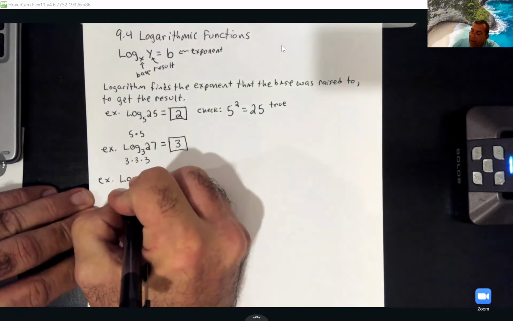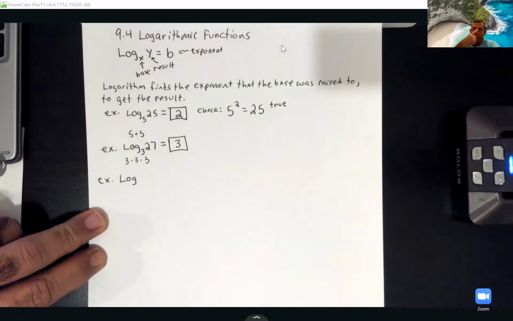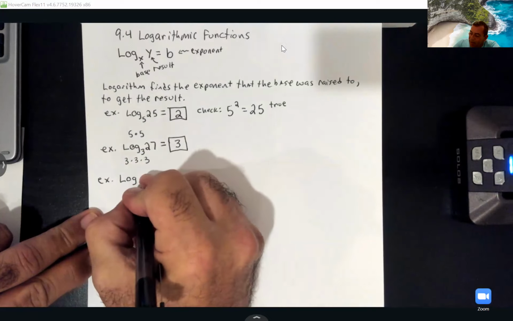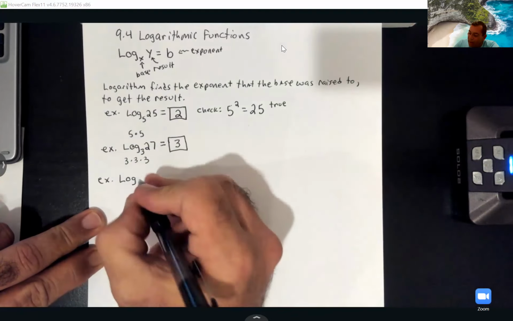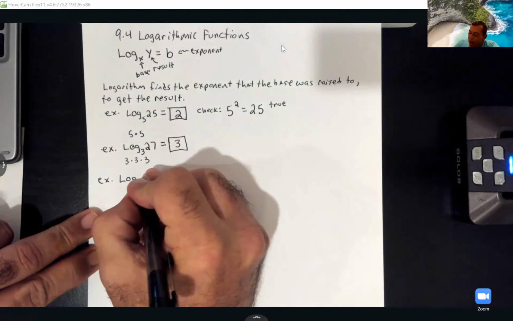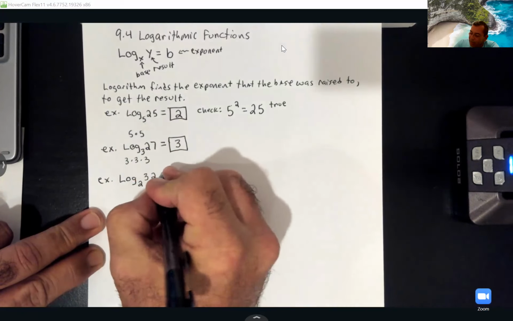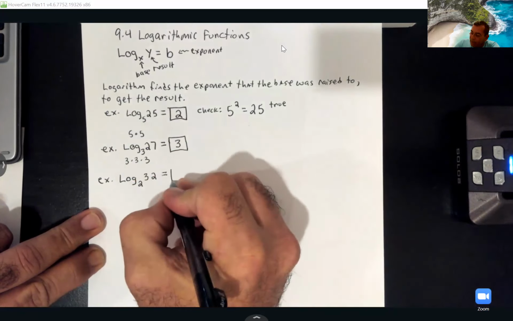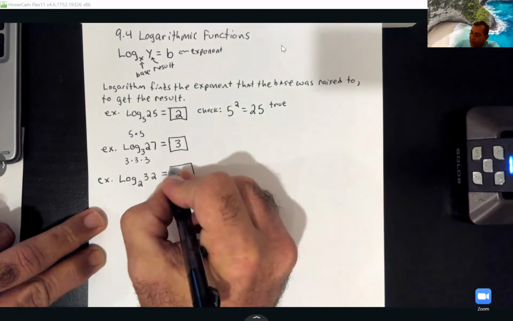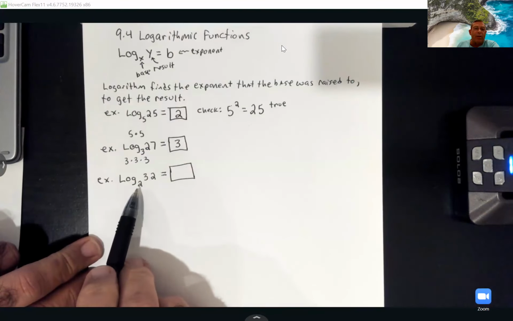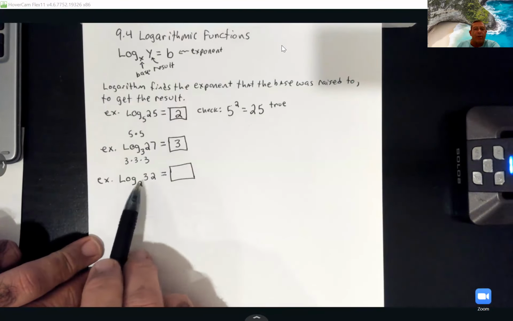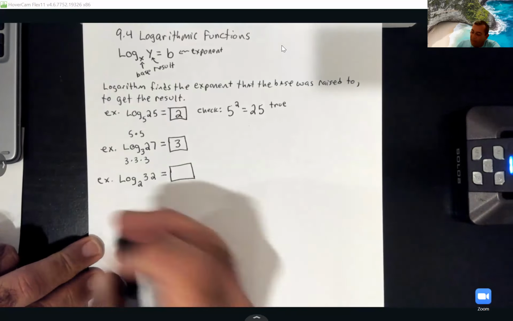All right, y'all, how about a log base 2 of, how about 32? So I'm looking for the exponent that I would raise this to get me a 32.